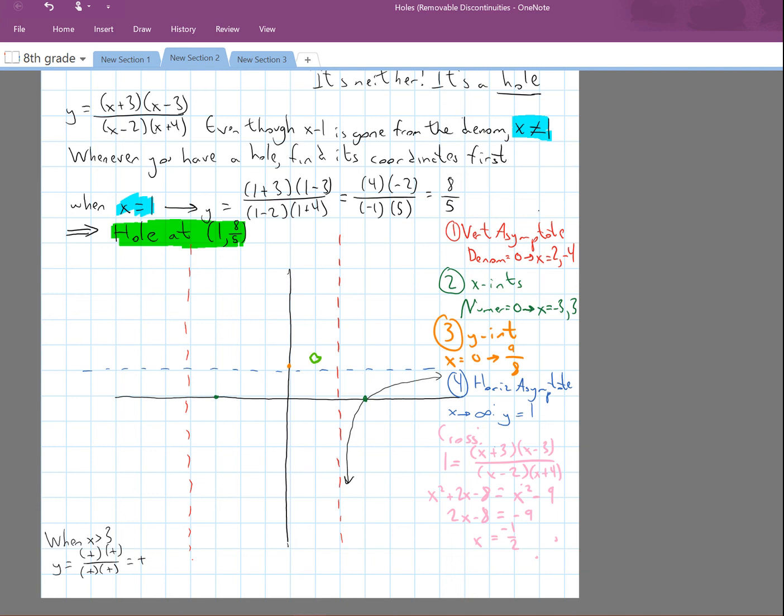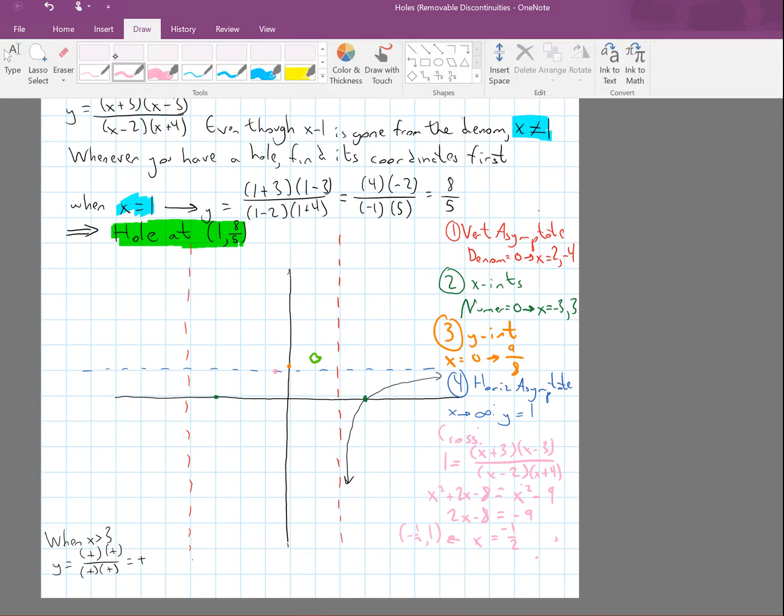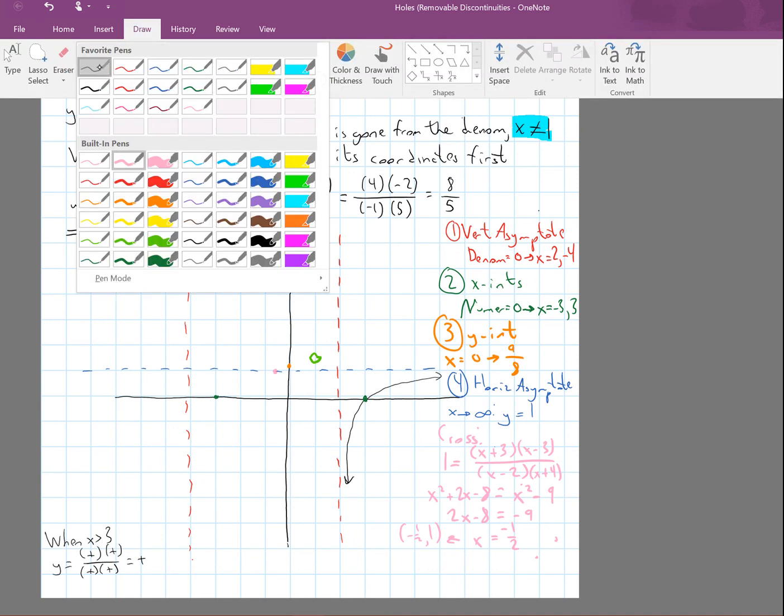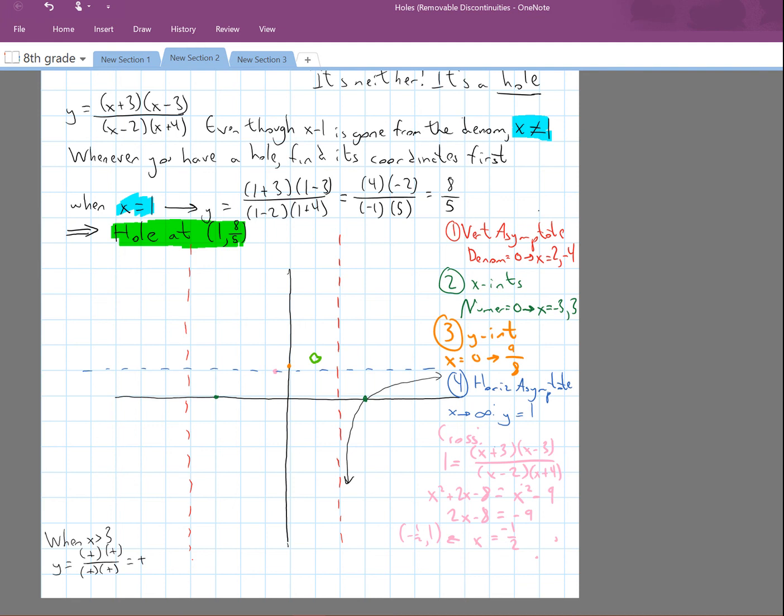Okay, so at negative 1/2, comma 1, we have a hole. Negative 1/2, we have a cross. I also want to stress, these 3 points are all definitely on this graph, right? The more information we have, the more we know how it has to look. It can tell us if things are wrong. I knew that I had done the hole wrong because it wouldn't have visually worked for it to go through all of those points.